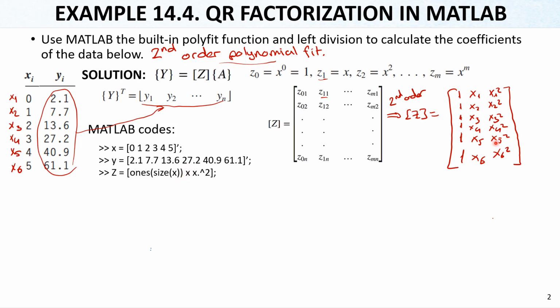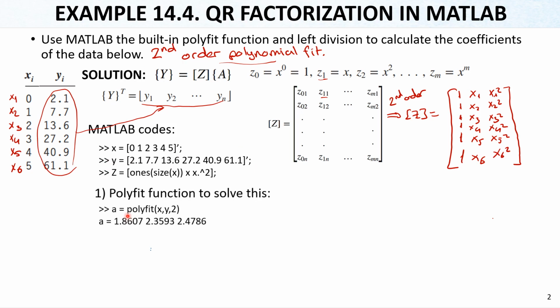And these x's are these. Also x squares are these. So it basically takes the x's and x squares as columns: first column, second column, third column, like this. So this creates the z matrix. And we have the y matrix as well, so we can use this formulation now with MATLAB.